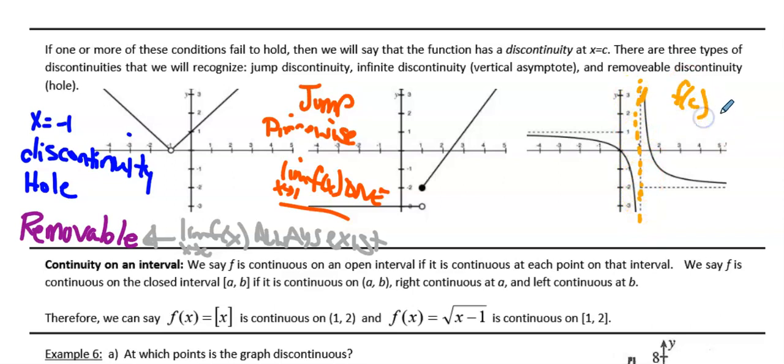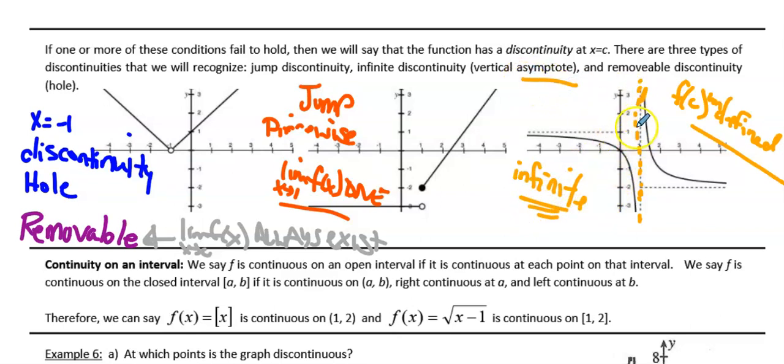So f of c is not defined. I should say undefined. Sorry for my handwriting, that's horrible, but undefined. That's a good point to make about this one. There are two ways to say this one, but we're just going to stick with infinite. I always tell students that infinite is the easier one to use for this.